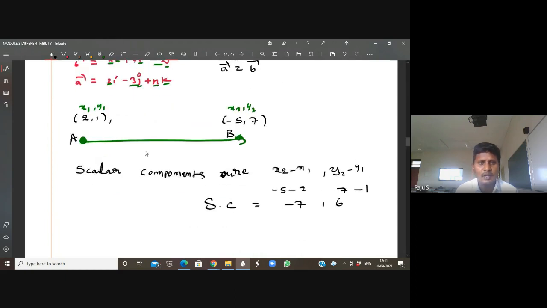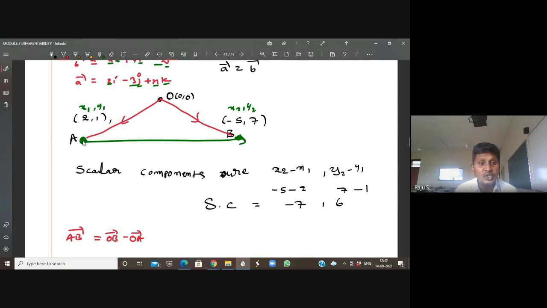To find the vector component, first we have to find vector AB. Vector AB means you should write vector OB minus vector OA. Students have to do this very carefully. I'm going to take the initial point as the origin 0 comma 0. When I join, this is vector OA and this is vector OB.